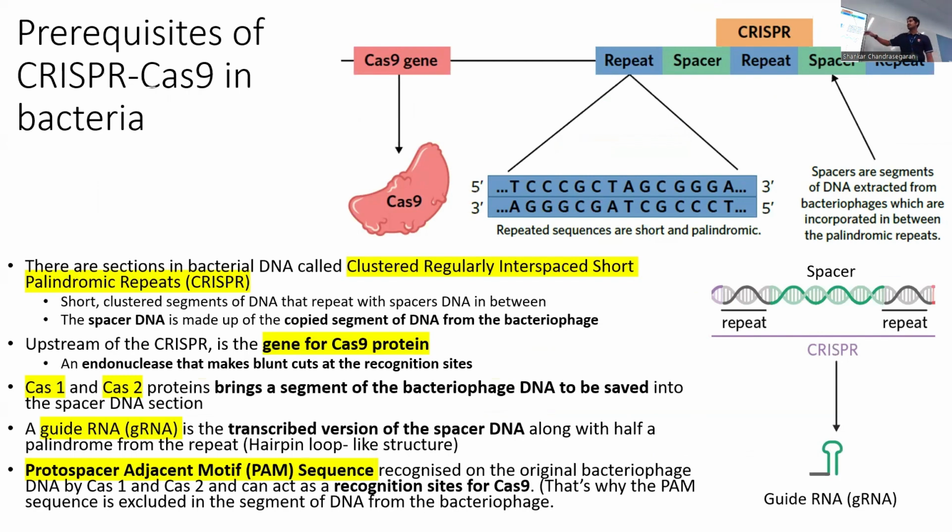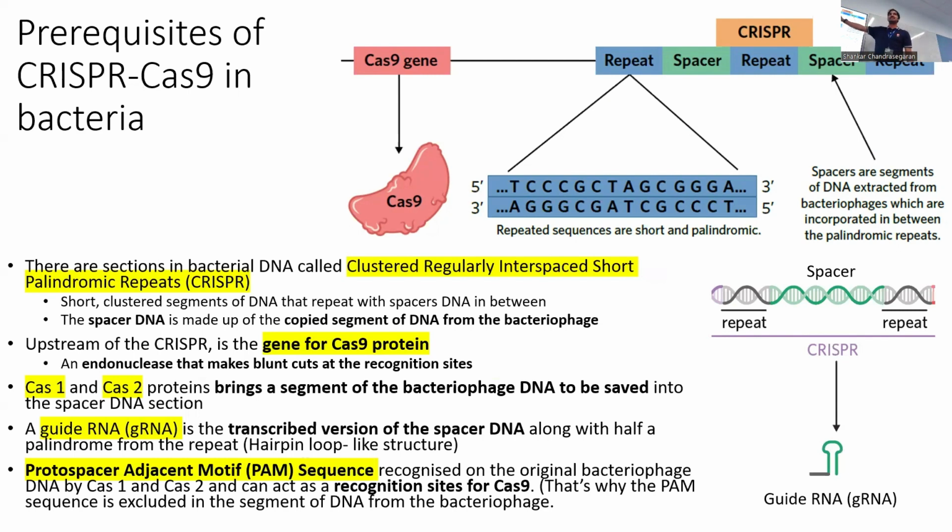The first thing you need is something referred to as clustered regularly interspaced short palindromic repeats, which is the CRISPR word. I know it sounds very complicated. That is just referring to a region of the DNA that is going to have repeats and spacers alternating back to back next to each other. The repeats are not that important.